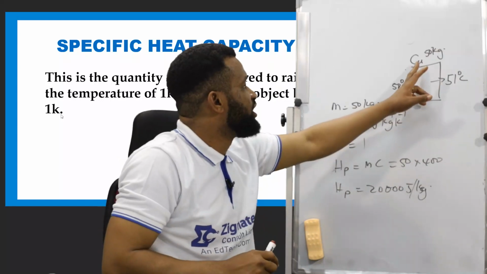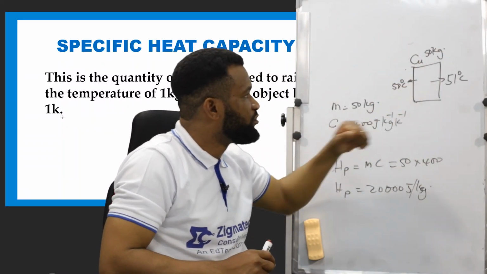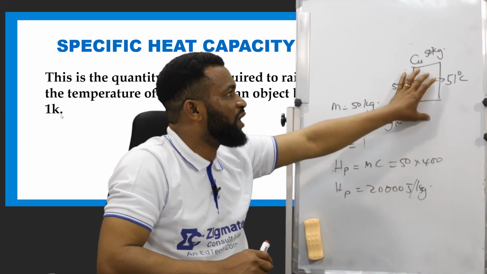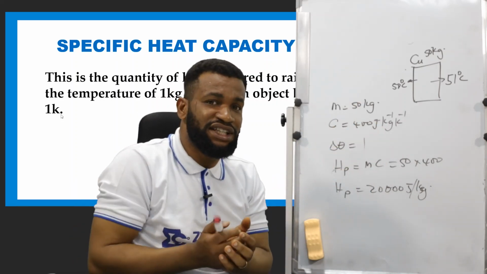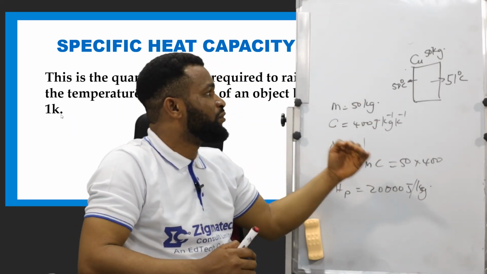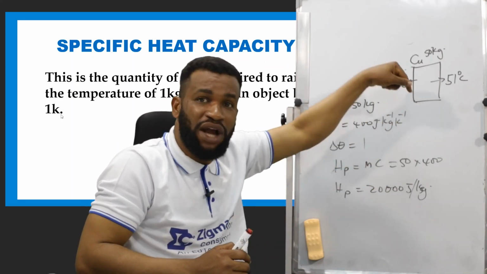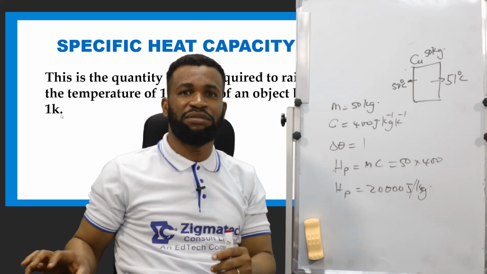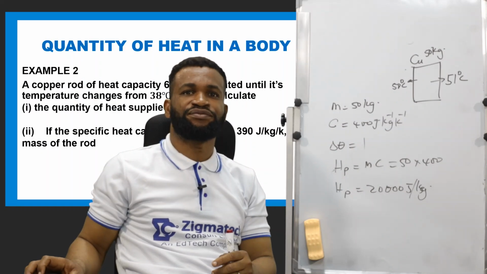For example, this is a copper of 50 kilogram. Now, when we cut just 1 kilogram of this copper and start heating it, the amount of heat needed to raise the temperature by just 1 degree Celsius is what specific heat capacity is all about.